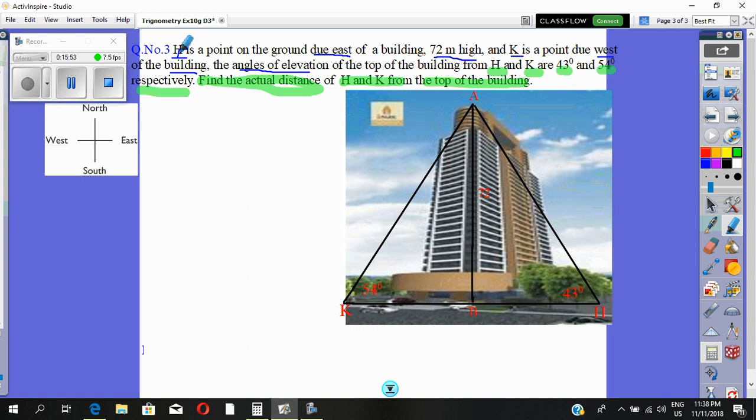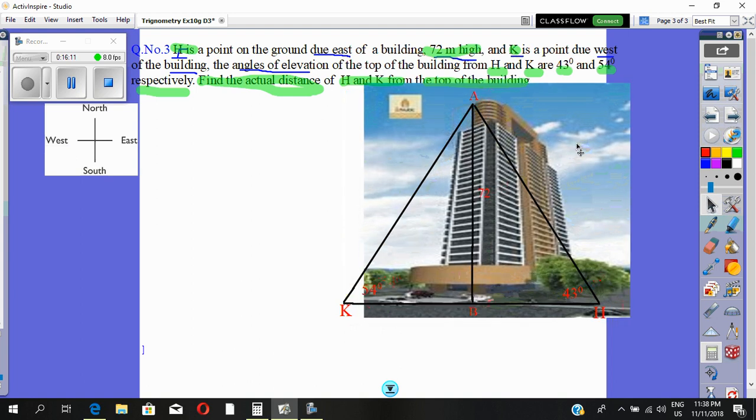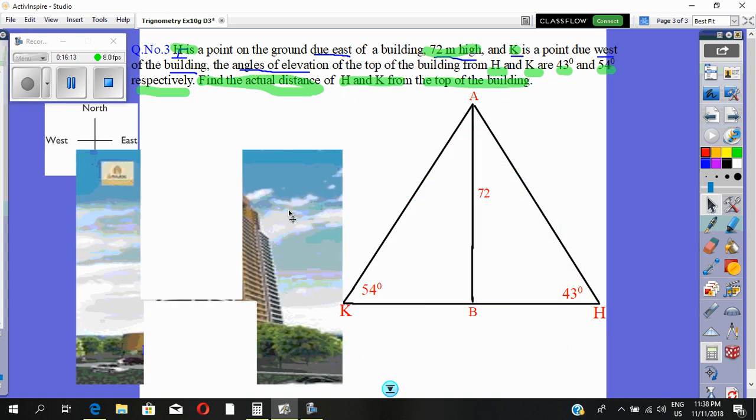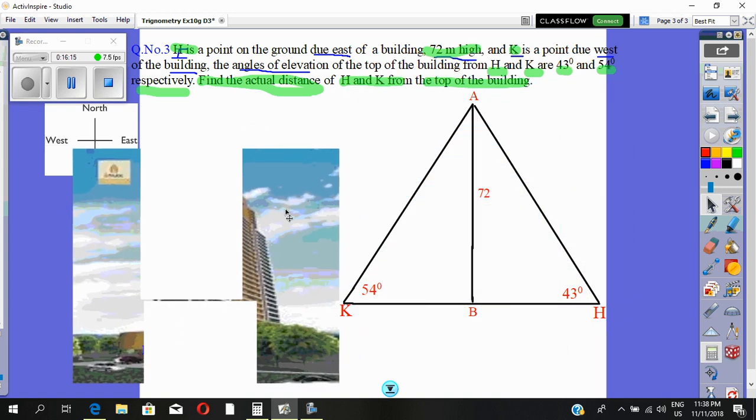Okay, the height is 72, one point is K, one point is H. Here we have a building. Let's say we draw it with the point A at the top, B is the base of the building, then point H is here, and point K is there.